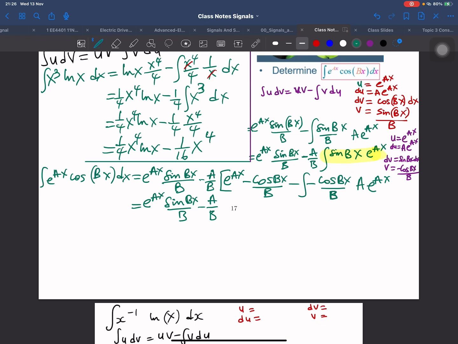So when this one is distributed, then this one is going to be plus a over b e^ax cos bx over b.